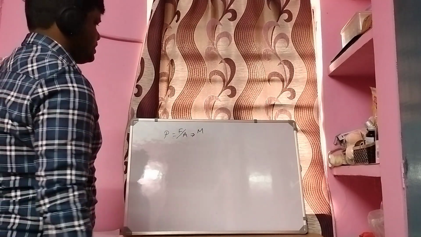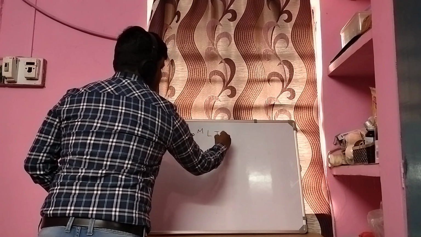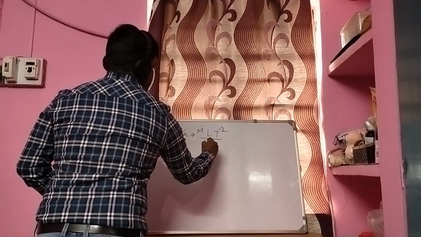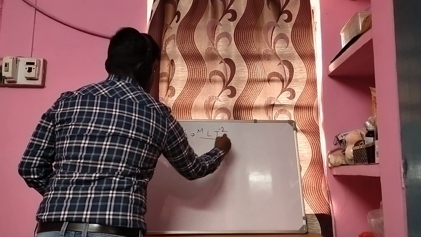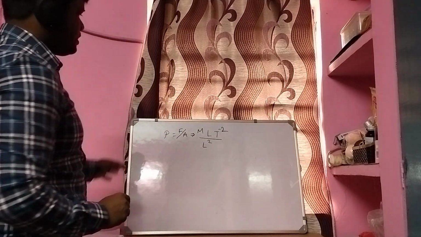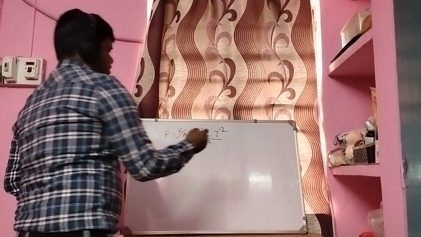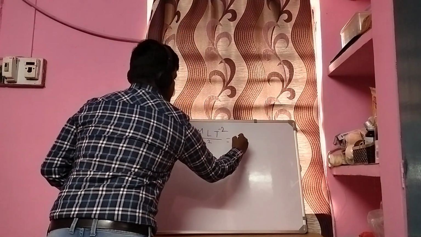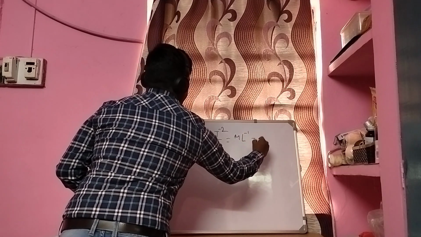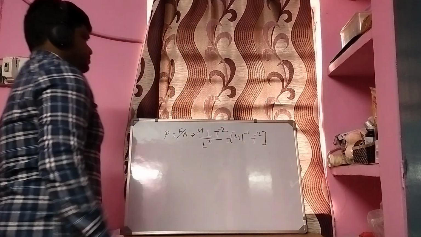Mass is M, acceleration is LT minus 2, and area is L square. If we simplify it, it comes to be ML minus 1 T minus 2. So this is the dimension of pressure.